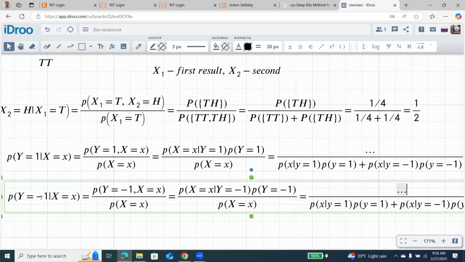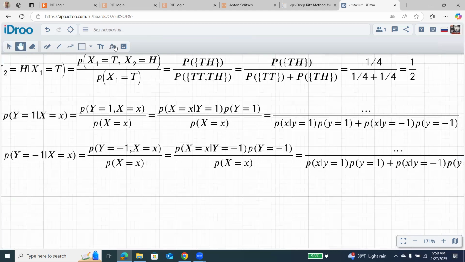The mode is the highest value of the distribution. By the way, this is called Bayes formula when you write the denominator using the total probability.